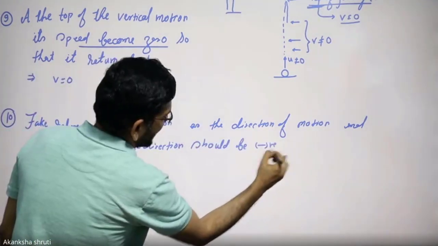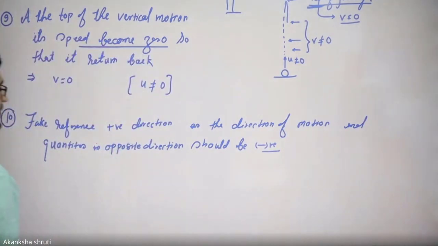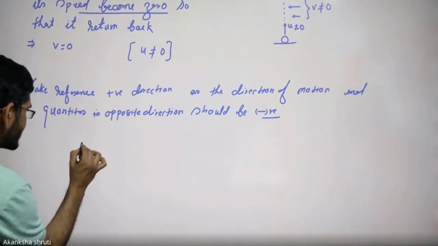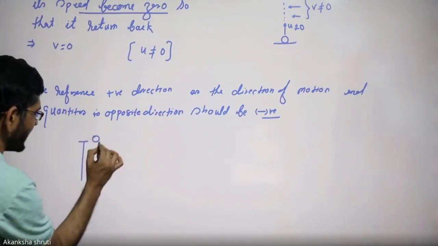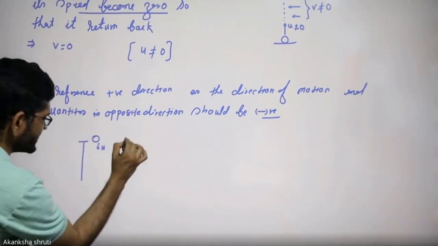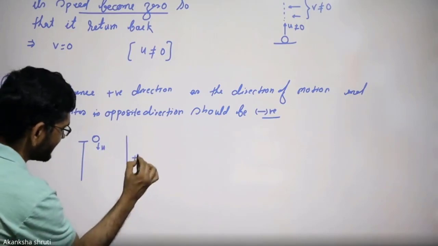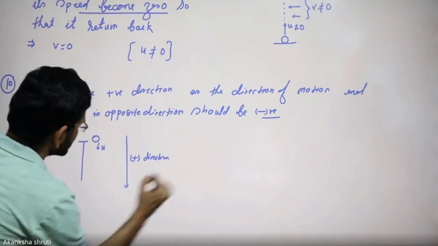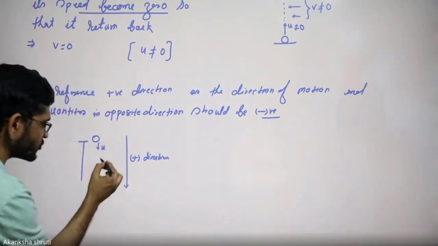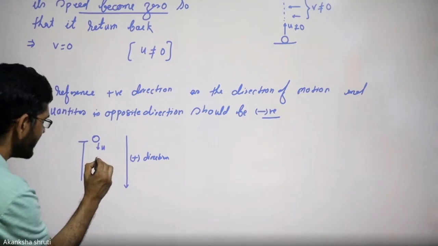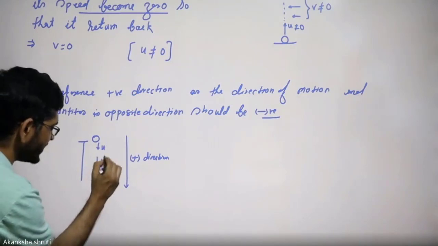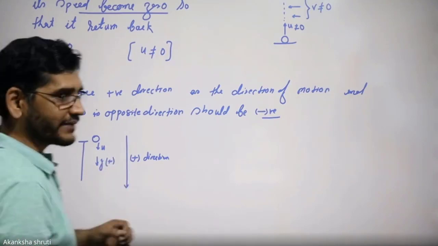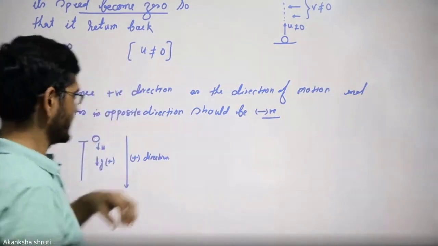The same thing I had explained in the earlier two points, students. The body is being released from here, so the initial motion is in this direction. So this is our reference positive direction, and all quantities in this direction should be taken positive. Here g is also downward, because acceleration due to gravity always acts downward.